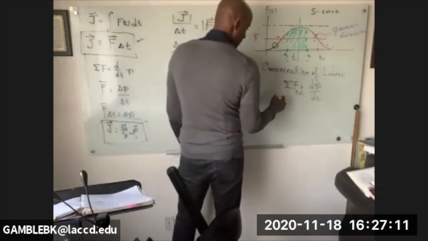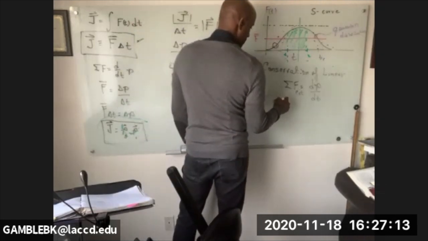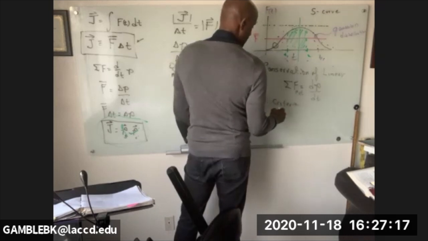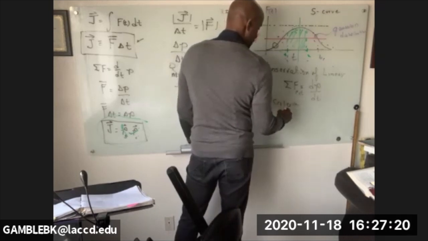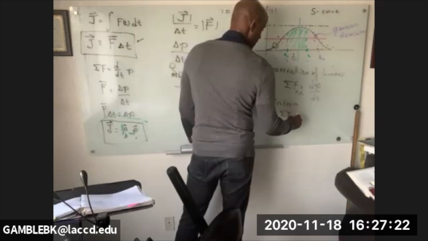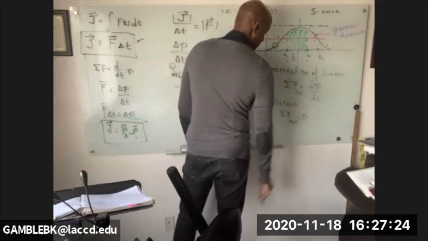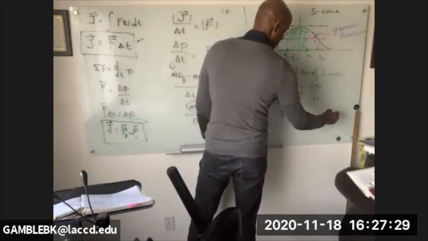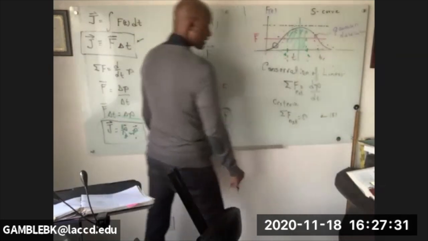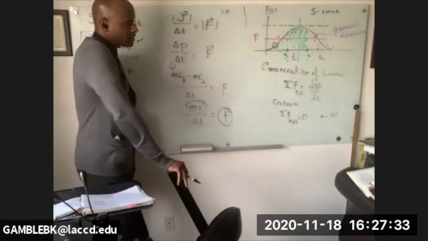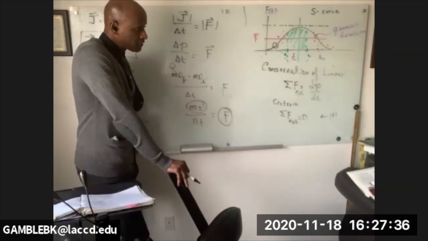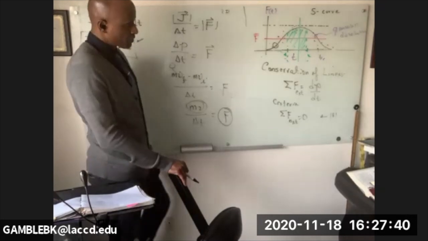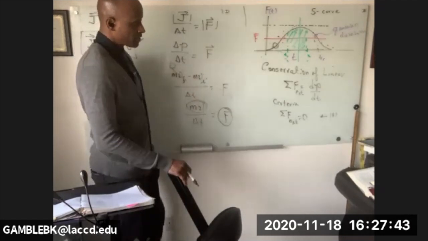So linear momentum is conserved if the net external force on the system is 0. Actually, that looks like the first law, doesn't it? So if the first law is satisfied during a collision or an interaction of two particles within a system, then linear momentum is conserved.